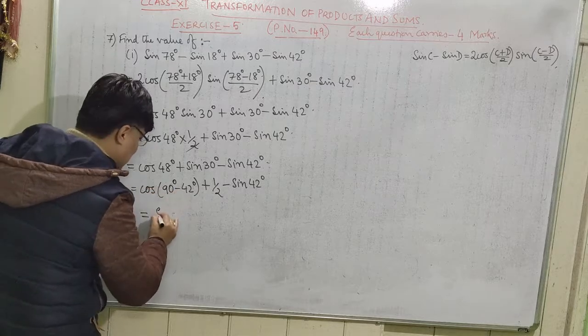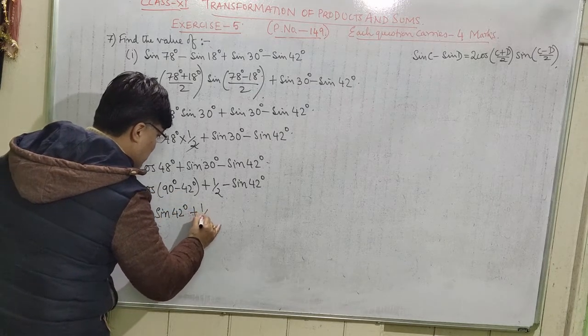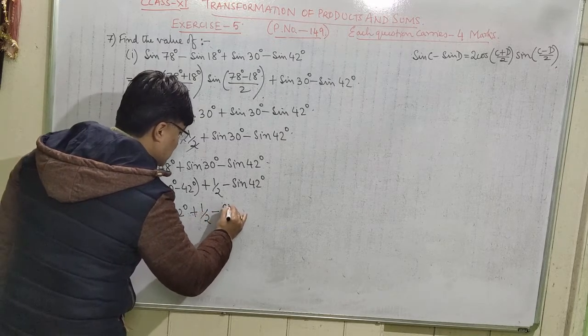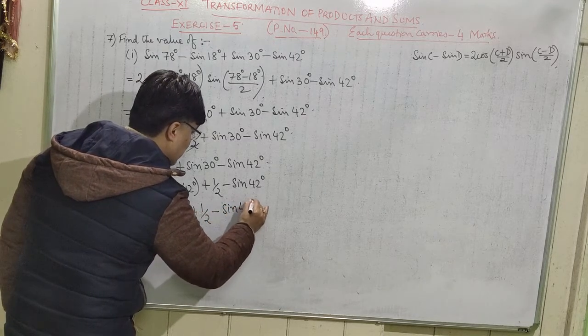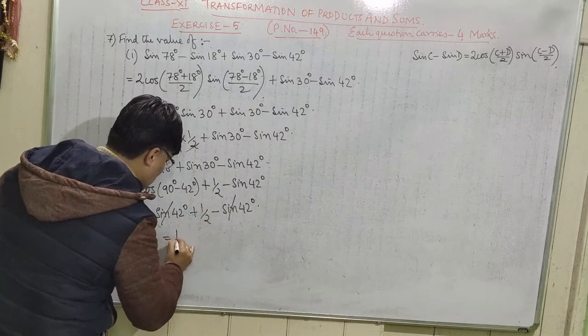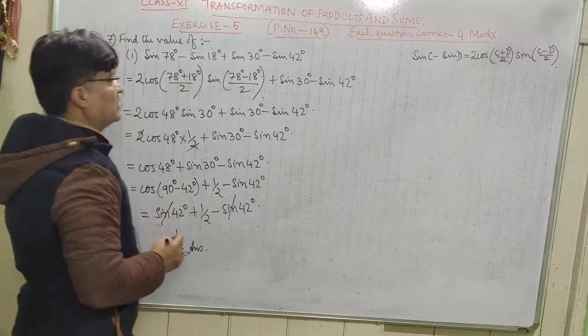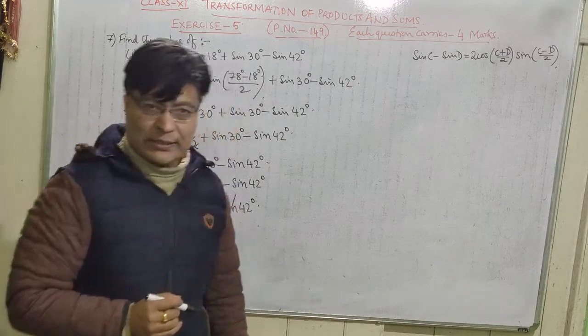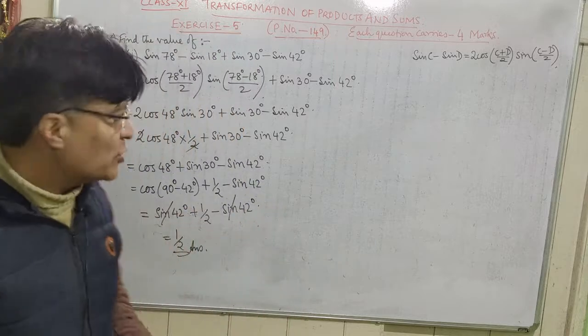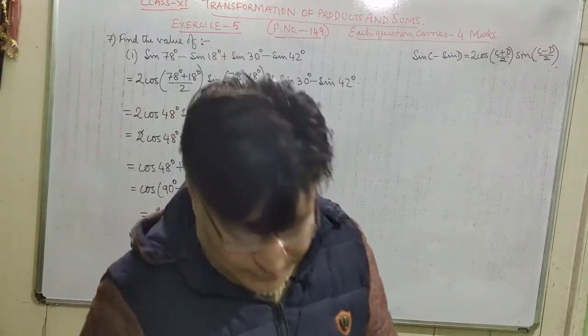Cos 90 minus theta is sine theta, that is your sine 42 degree, you know this formula, plus half minus sine 42 degree. Is that clear? So you can cancel these two, which is equal to half. So this is the final answer. So I think you have understood it. So what is the value of the given expression? The value of the given expression is half. That is your final answer.